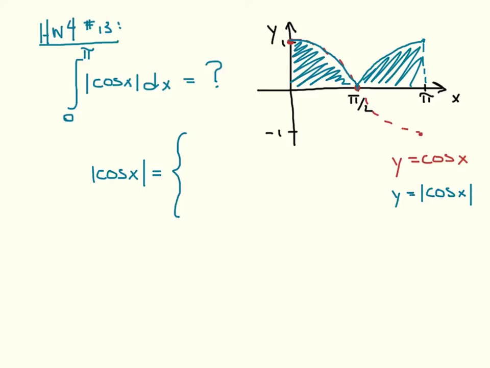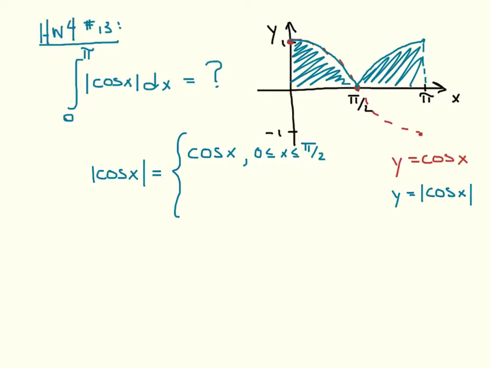Again, if we're just restricting ourselves to the domain from 0 to pi, cosine of x is the same thing as absolute value of cosine of x when x is between 0 and pi over 2. And then from pi over 2 to pi, it flips over the x-axis.